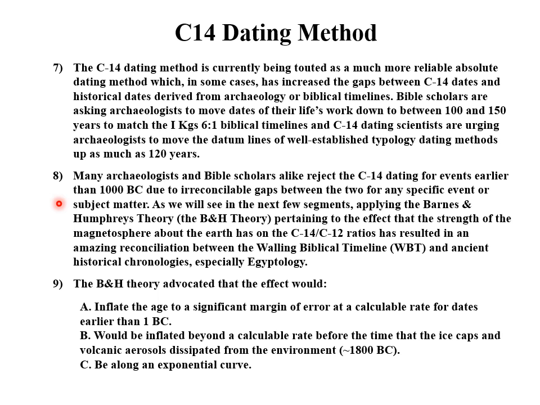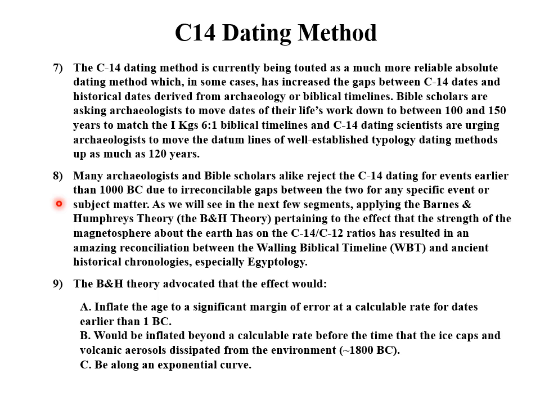As we see in the next few segments, applying the B&H theory pertaining to the effect that the strength of the magnetosphere about the Earth has on carbon-14 ratios has resulted in an amazing reconciliation between the well-established biblical timeline and ancient historical chronologies, and especially Egyptology.